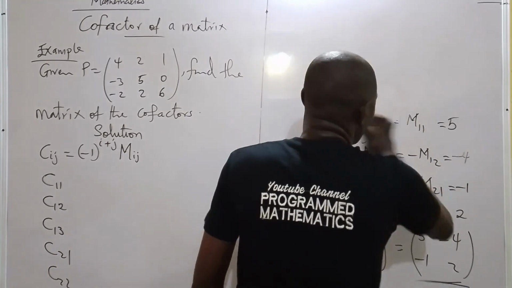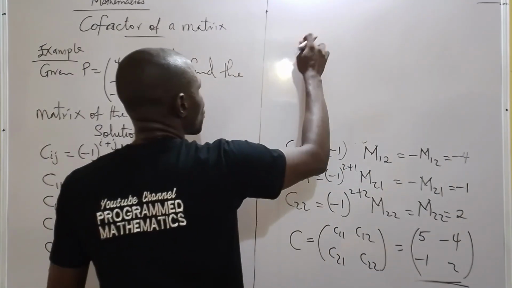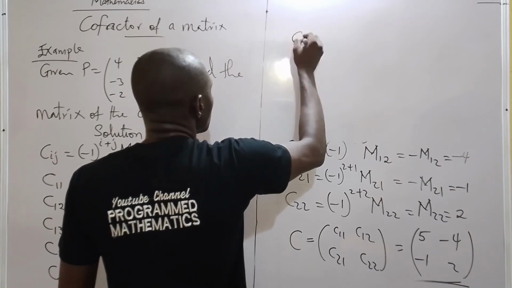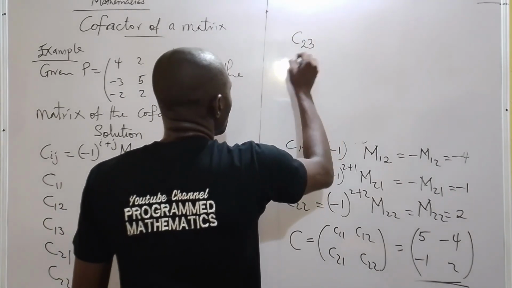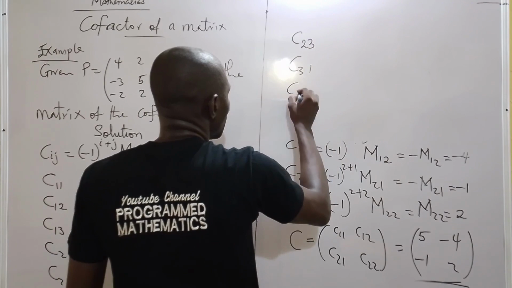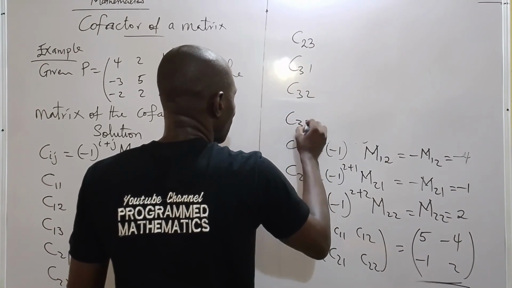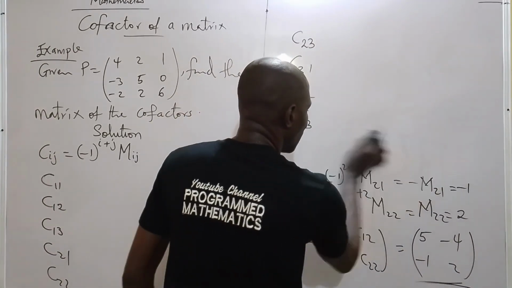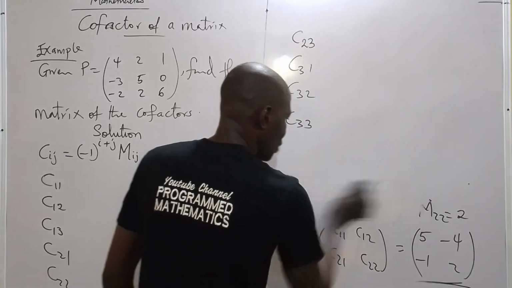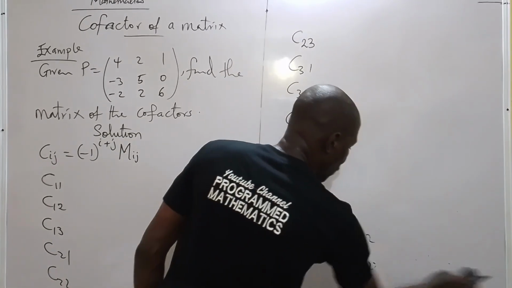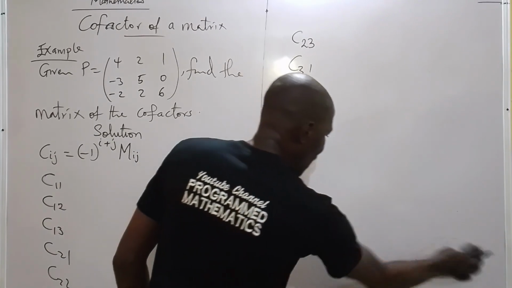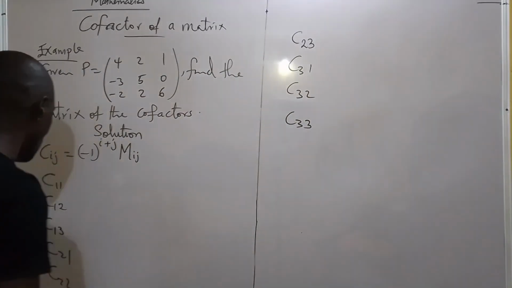Okay, you can continue this on your own as well if you want to try this out. C22, C23, we need C31, C32, and C33. So these are the cofactors that we need in order to find the matrix of the cofactors here.